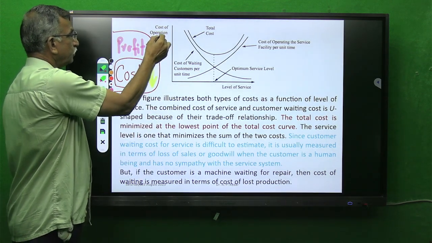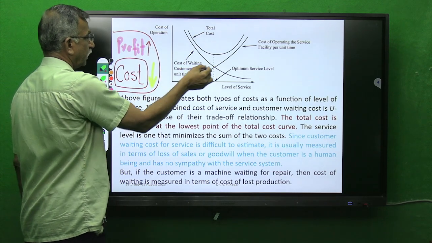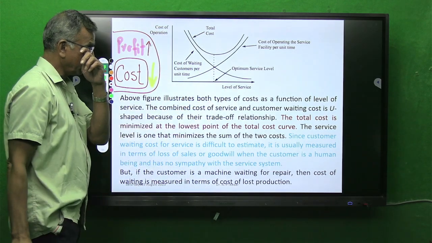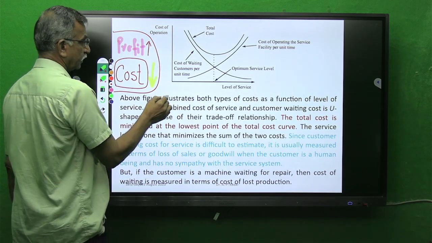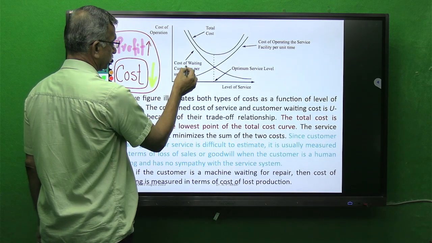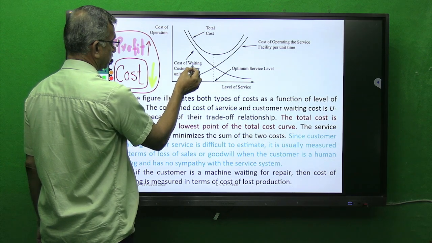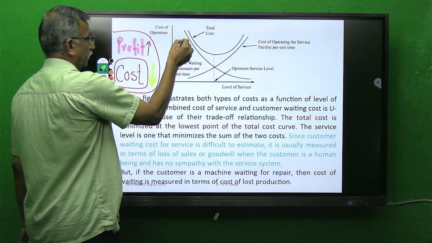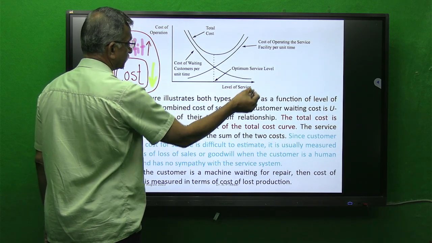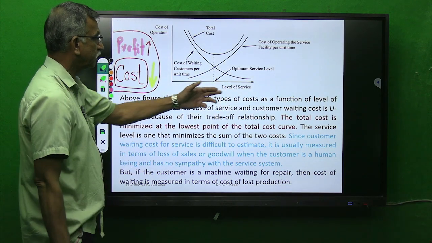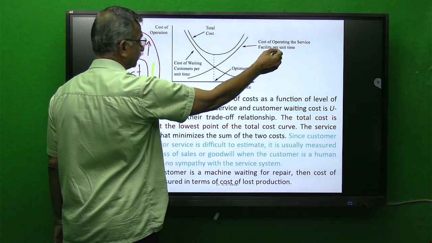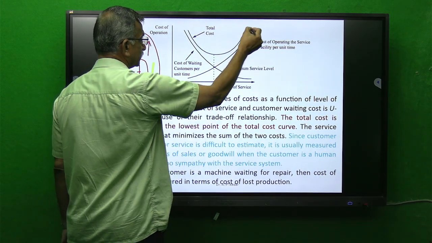So for that you can see here a graph wherein cost of operation versus level of service is given to us, and here two lines run like this. One, this line, is the cost of waiting of the customer. It is in a decreasing trend as the level of service is increasing in the forward direction, and the cost of operating the service facility per unit time is increasing.